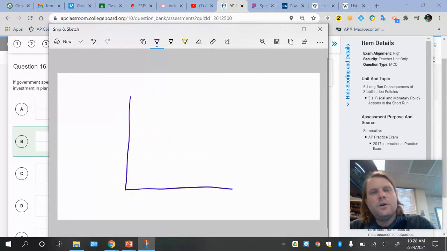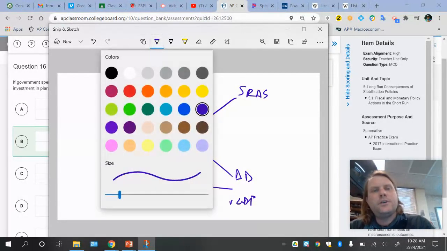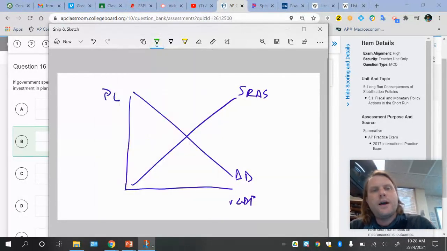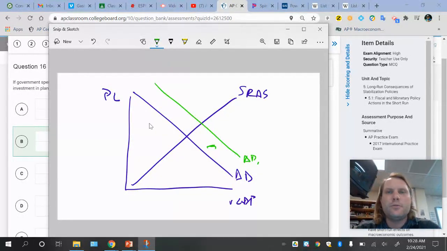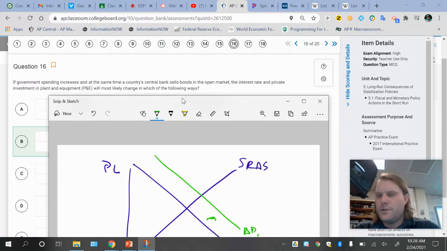Okay, so we've got aggregate demand. We've got short run aggregate supply. All right, price level, GDP. I'm going to change colors to keep things straight. We've got an increase in aggregate demand, an increase in government spending. Okay, let me double check what we're doing here. I'm just like you, I'm going through these for the first time here.